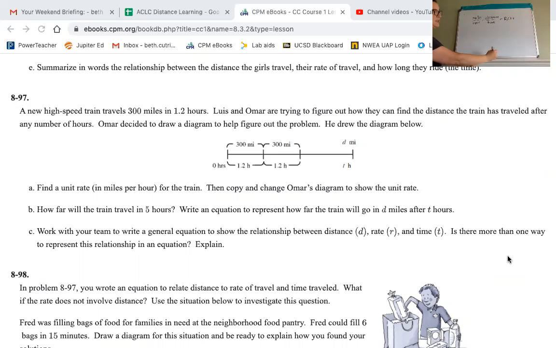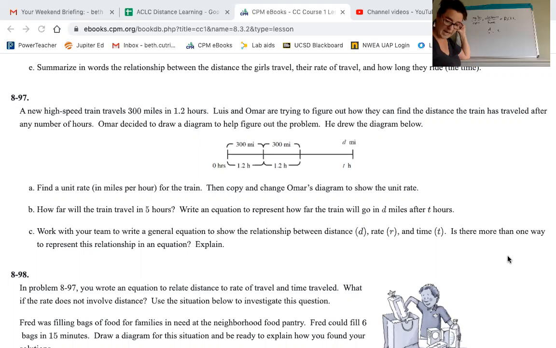So one easy way to remember it, and you'll hear this a lot in physics maybe, is d over t equals r. If you want to bring the r over there, you could say distance equals rate times time. Or you could put the r over here and say time is distance per rate.